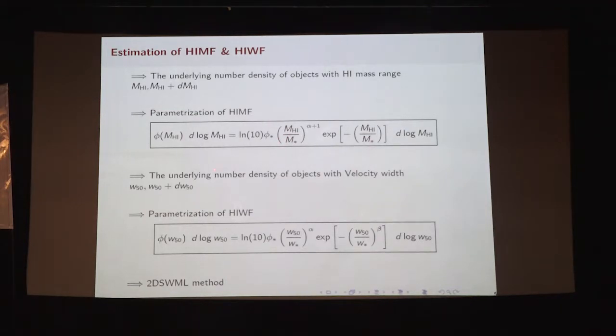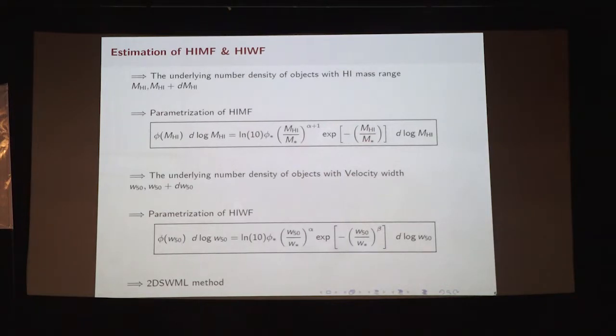Similarly, we can define the H1 width function, and this can be parameterized using a 4-parameter modified Schechter function, where this beta parameter is extra, which was 1 for this case.